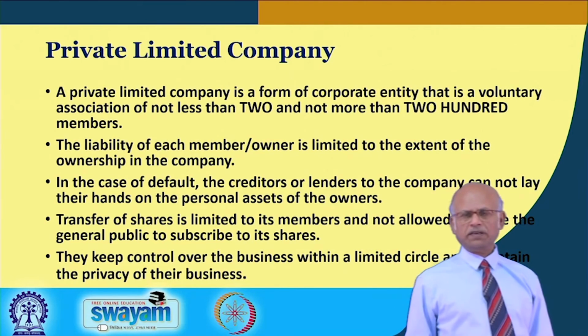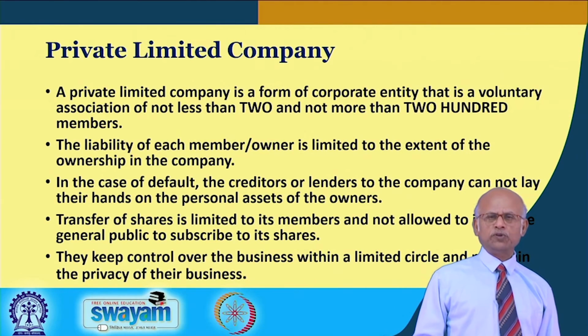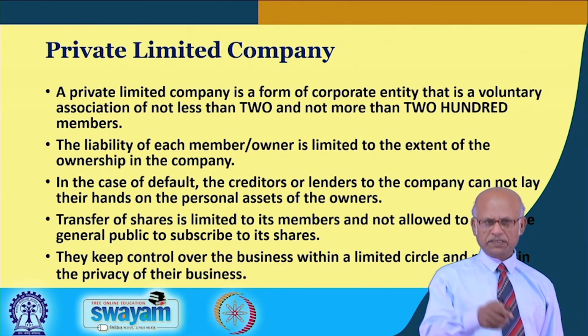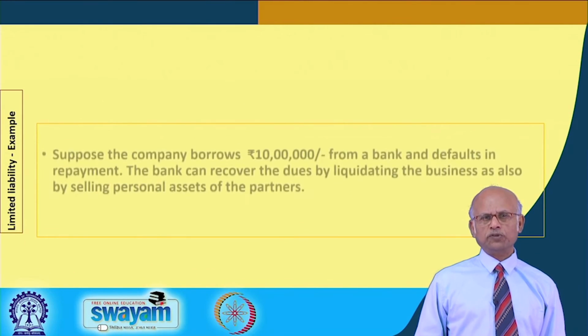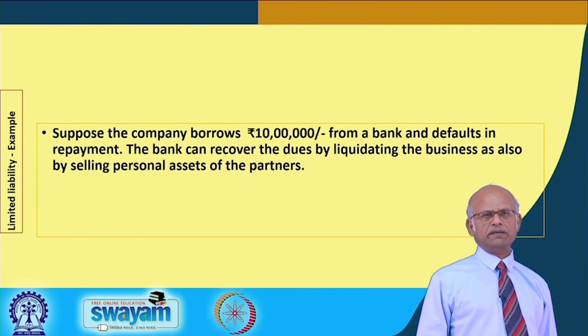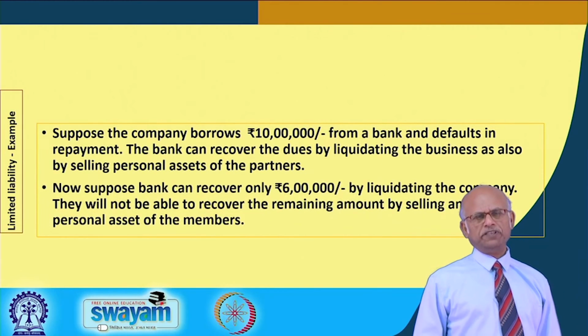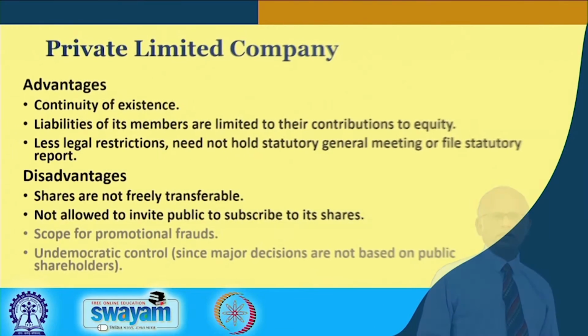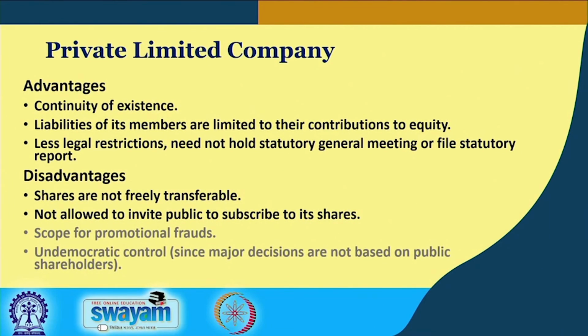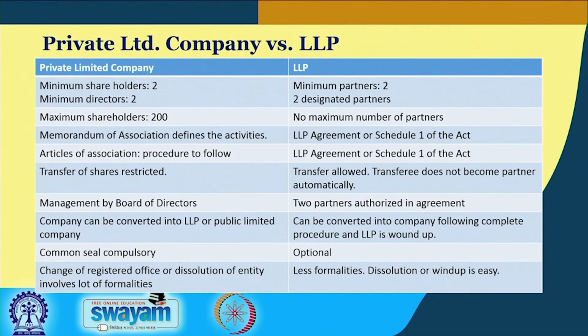So, all these are vulnerable to being exposed to competitors, whereas private limited companies are not liable to do that. Here is an example which is a repetition of what I gave for a limited liability company, so I am not wasting time on that, one can pause and see. Advantages and disadvantages are self-explanatory, I have already explained them. So, let us move forward.